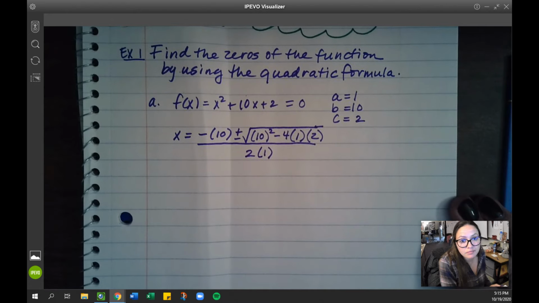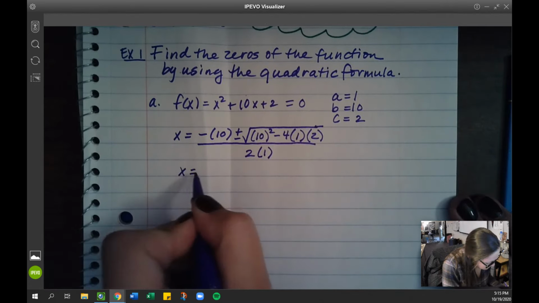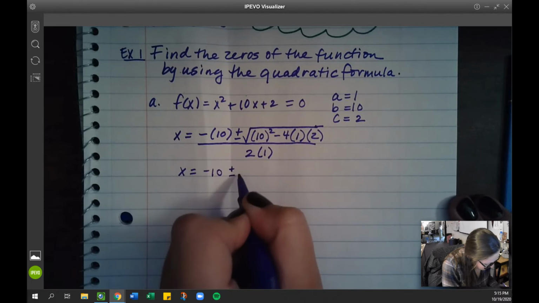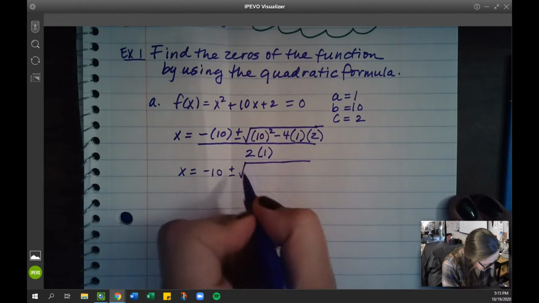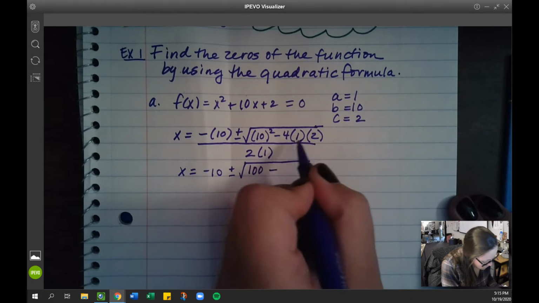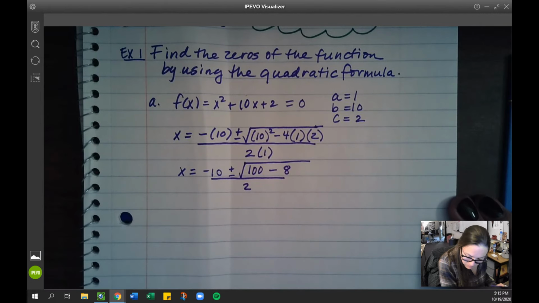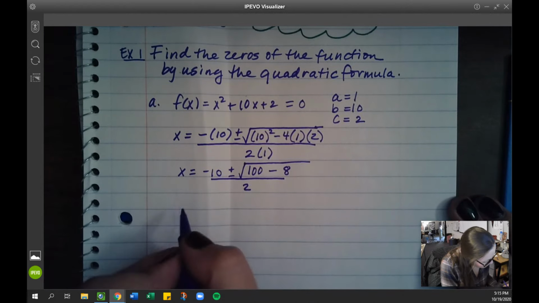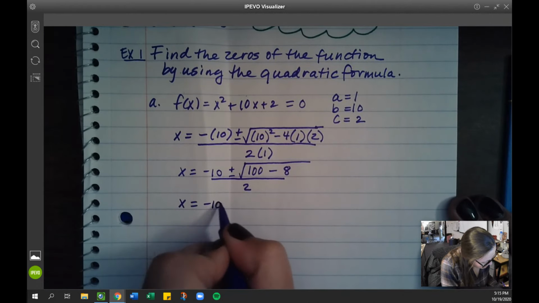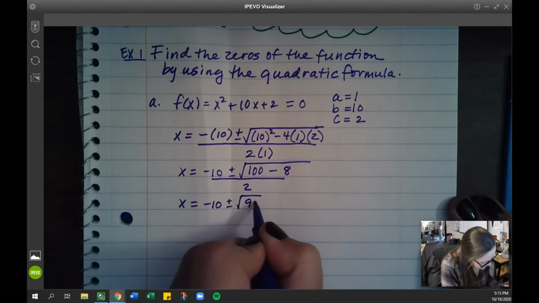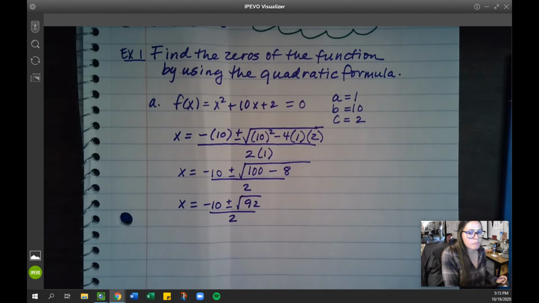Now we have to simplify it. I'm going to have negative 10 plus or minus the square root of 10 squared, which is 100, minus 4 times 1 times 2, which is 8, all over 2. Now I have the square root of 92. Now, is 92 a perfect square? No, it's not.